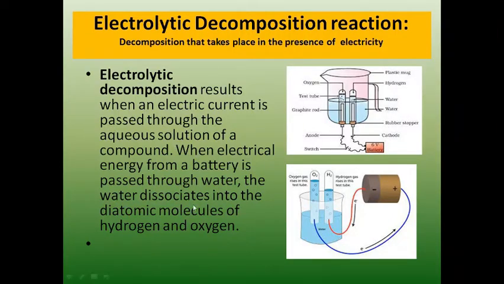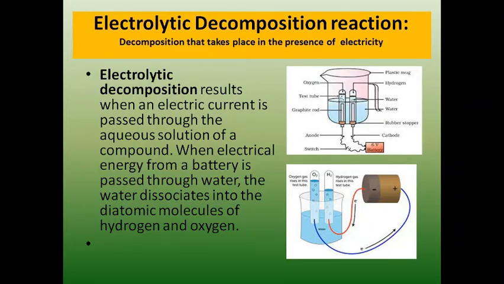Since the electrolysis of water produces 2 volumes of hydrogen gas and 1 volume of oxygen gas, we conclude that the ratio of hydrogen and oxygen elements in water is 2:1 by volume.